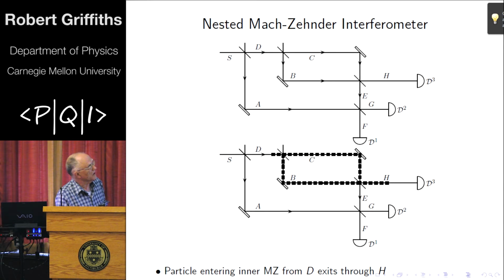Now, here's the case I'm really interested in. It's the nested Mach-Zehnder interferometer. So you see, it's similar to the previous one I showed you, except that on the upper arm, I have inserted a second Mach-Zehnder interferometer. So I've interrupted the upper arm. This is why it's called nested.